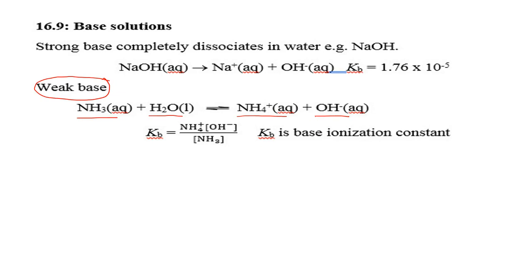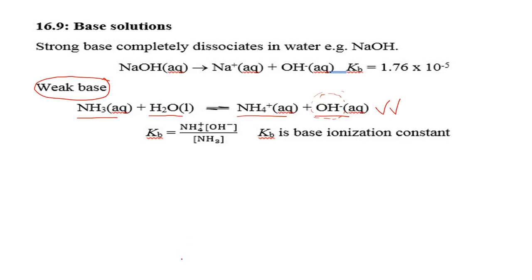How do you differentiate between a base equation and an acid equation? A weak acid is going to have hydronium ion as a product. A weak base is going to have OH negative, the hydroxide ion, as a product. So in this equation, we know that this one is a weak base because it has this hydroxide ion as one of its products.